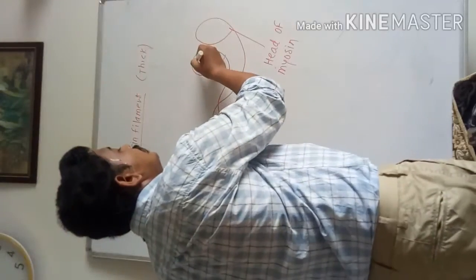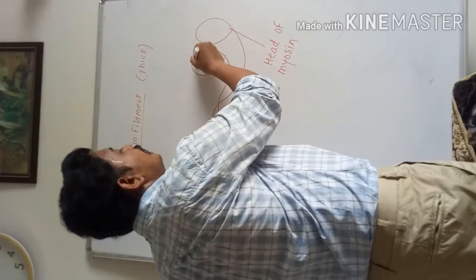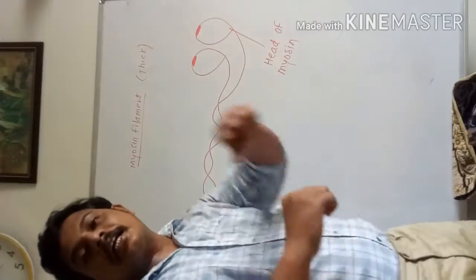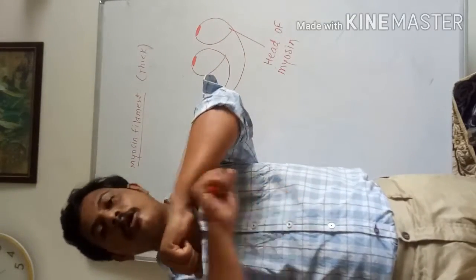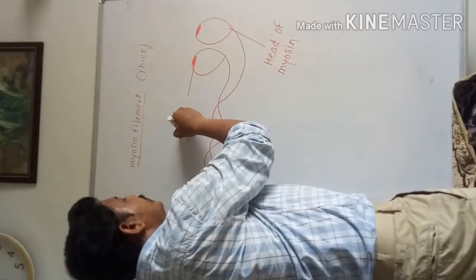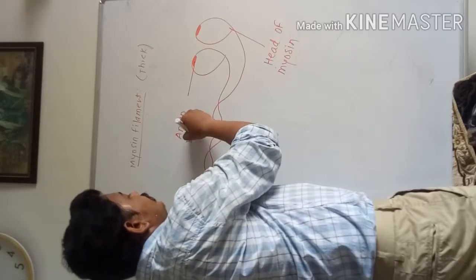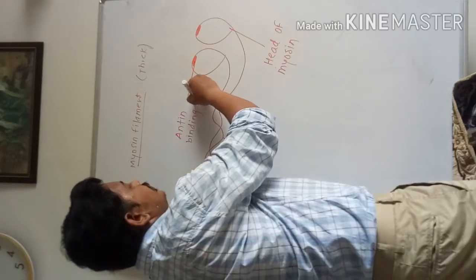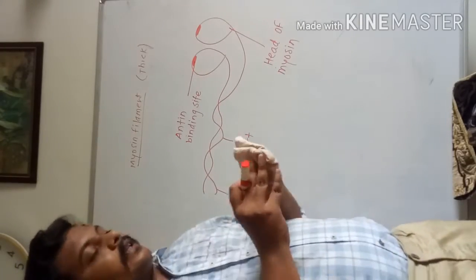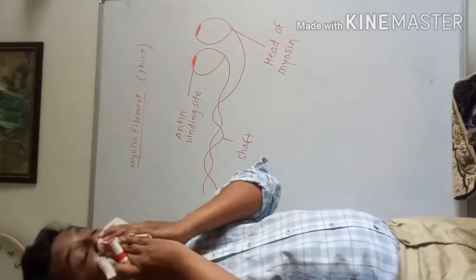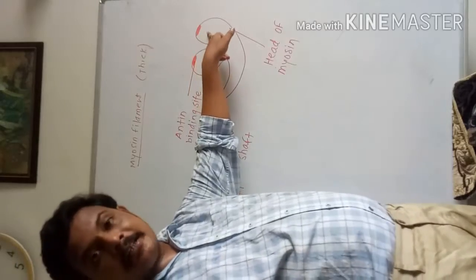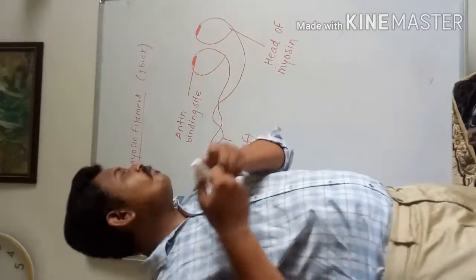Here on the head of myosin there are two sites. One of these sites forms the cross bridge with the actin. So this site is called the actin binding site. Actin binding site means the site of the myosin head where it attaches to the actin to pull the actin filament.